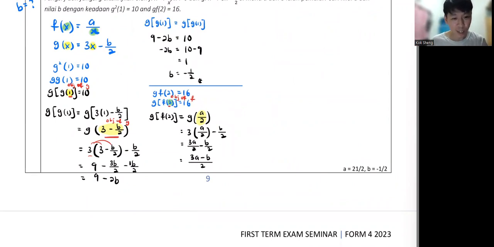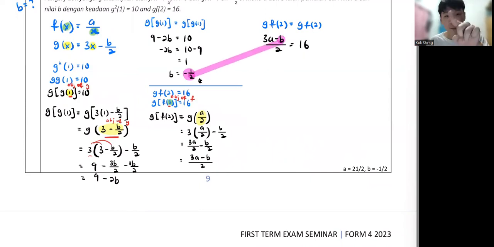So now the gf(2), yes, we got already, and then they can both equal. 3a minus b over 2 equals 16. So last one, the b value, yes, we already have the answer.